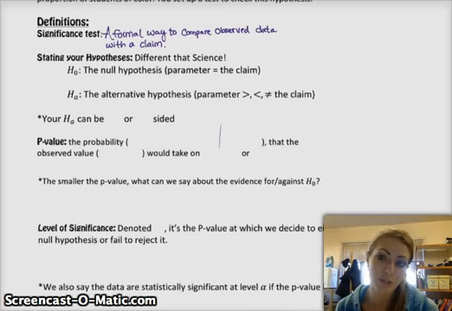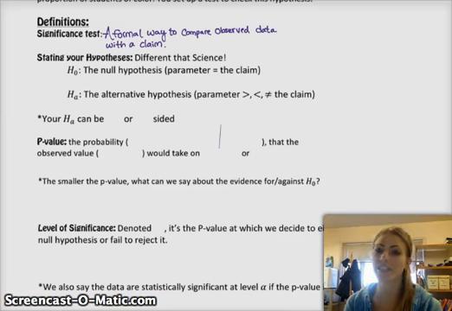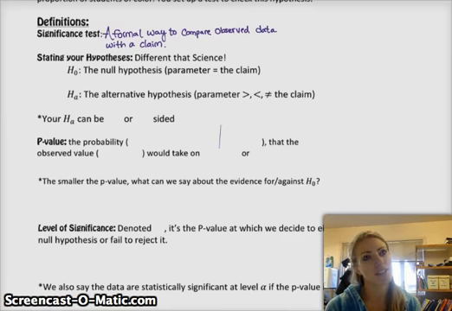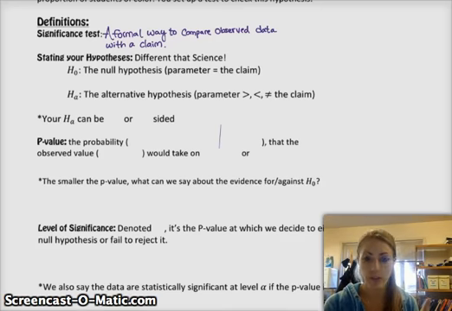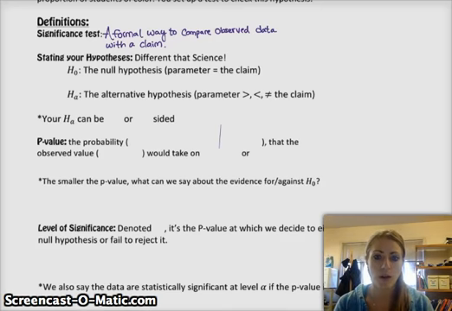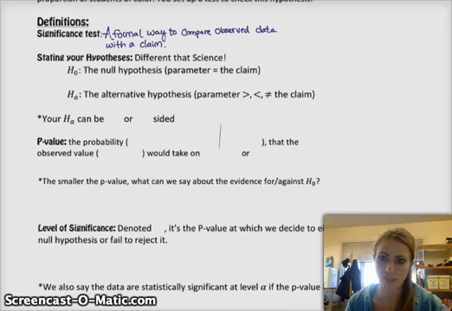So in science class you're used to one hypothesis that you're testing, but in stats it's a little bit different because we have two hypotheses. We have the first hypothesis, which is called the Null Hypothesis, which is basically whatever the claim was already. So the parameter equals the claim.